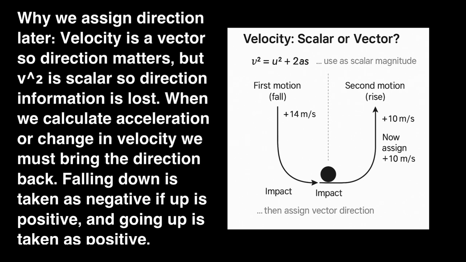Why do we assign direction later? What am I talking about? Assigning direction to velocity vectors later. Why? Velocity is a vector, so direction matters. But when velocity is squared, it is scalar. So direction information is lost. What are we talking about? We're talking about the idea that velocity, say v is equal to vx into I cap, for instance.